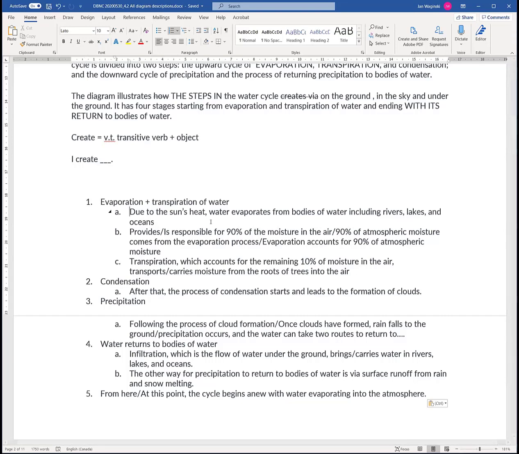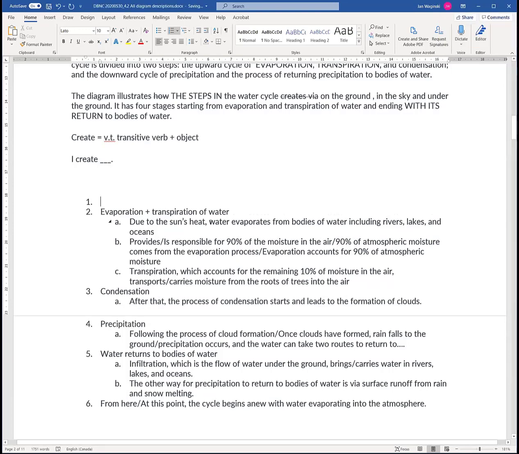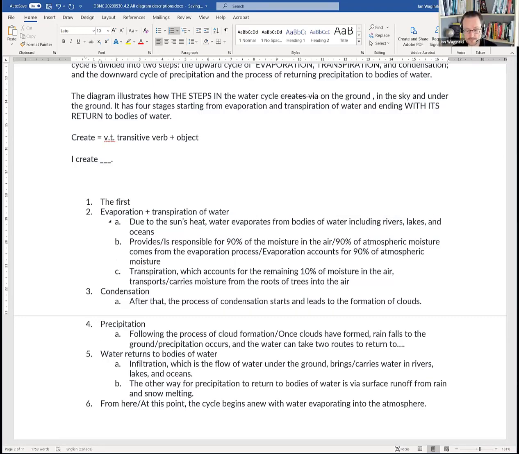So maybe in terms of the first 2 processes. Because here we have evaporation, transpiration, and condensation. Let's say the first part of the process is what?